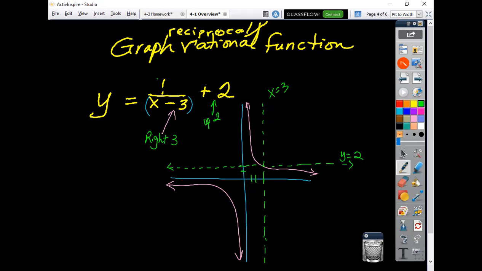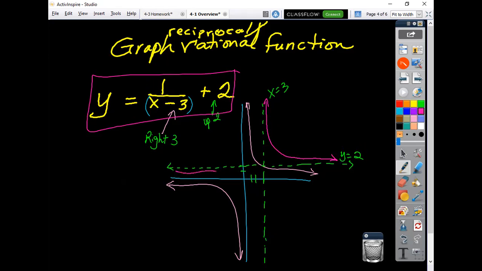And then there is no stretch factor in front of the fraction, so we're just going to put in that new equation. So our graph of this is just in these 2 new locations.